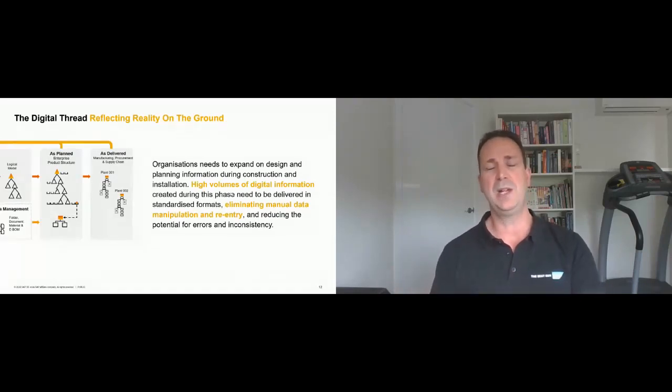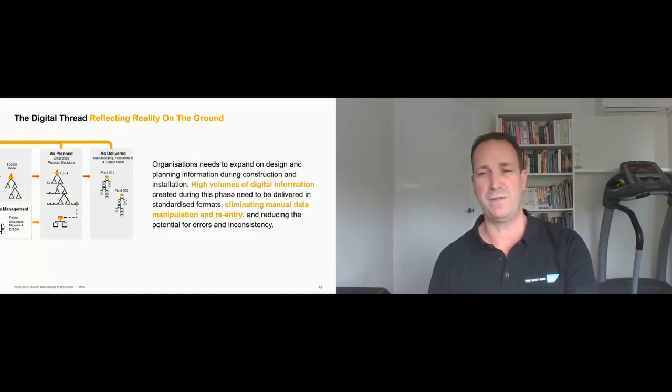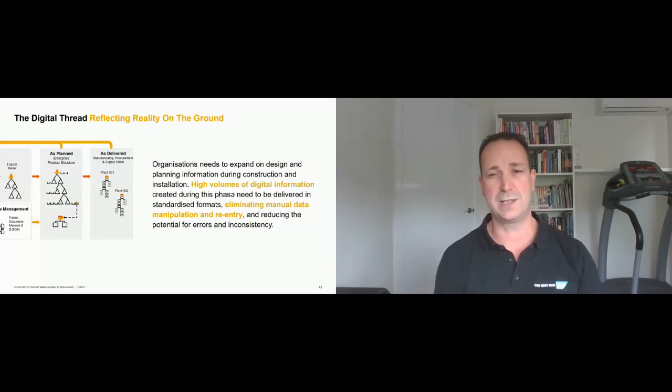I'm setting up my operations and maintenance. And in the majority of cases, that requires a tremendous amount of manual data manipulation, re-entry into new systems. What we need to be able to do is move from a collaborative project environment into a collaborative asset management environment. And if we can do that, then we reduce a lot of those errors and that inconsistency.